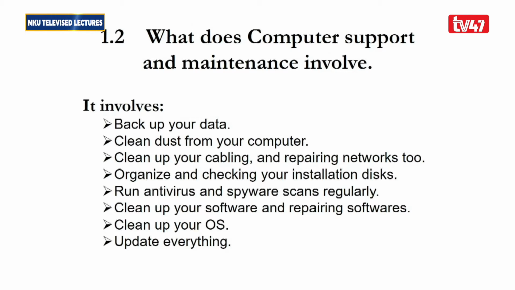So it may involve installing, replacing, and repairing hardware components. It may also involve connecting computers to the network, repairing and configuring networks, and replacing network components and cables that are faulty. It may also involve software installation, repairing software, and updating software, and so on.